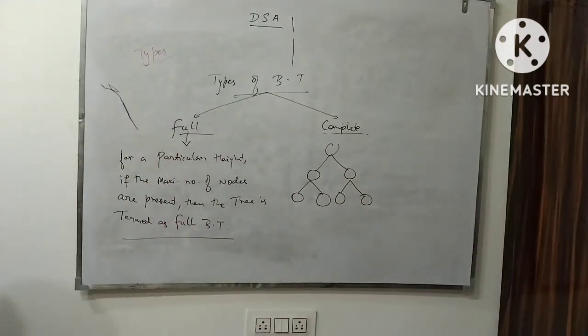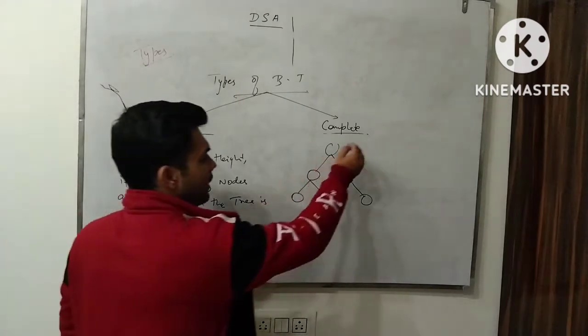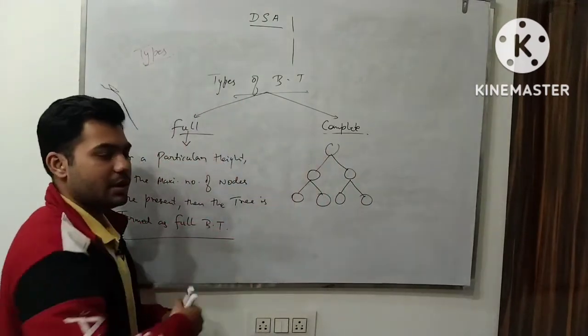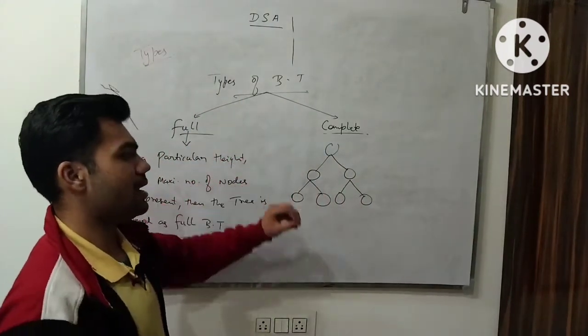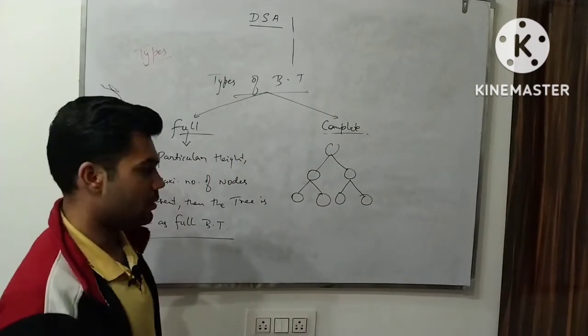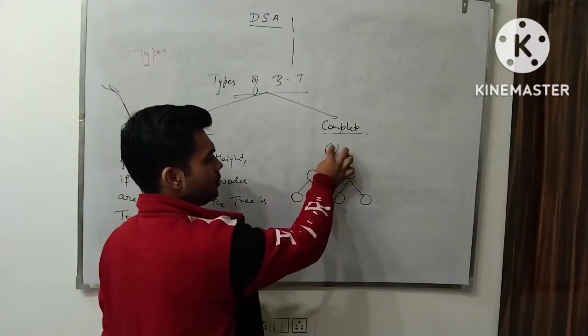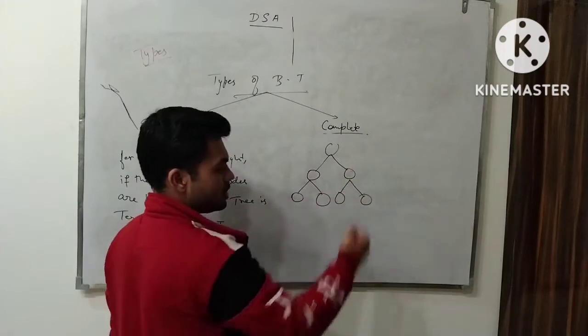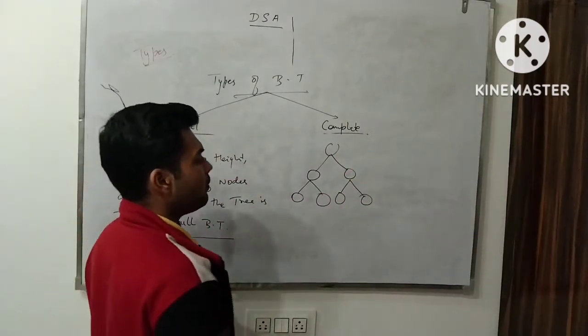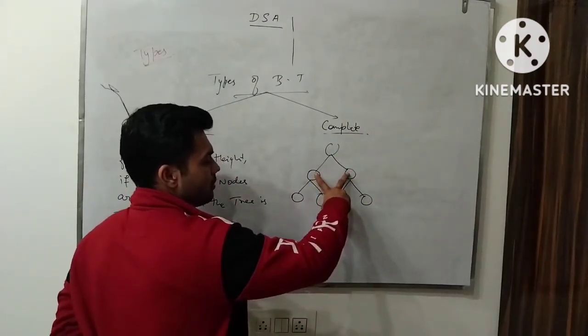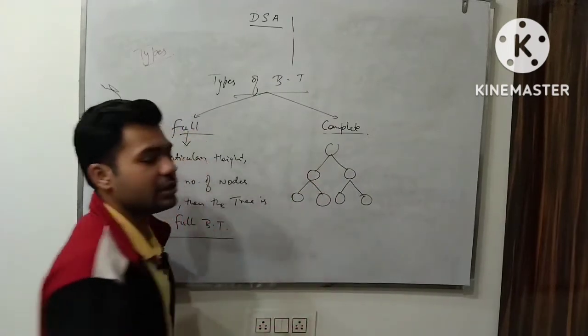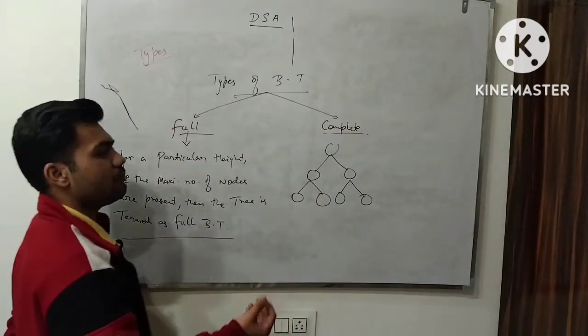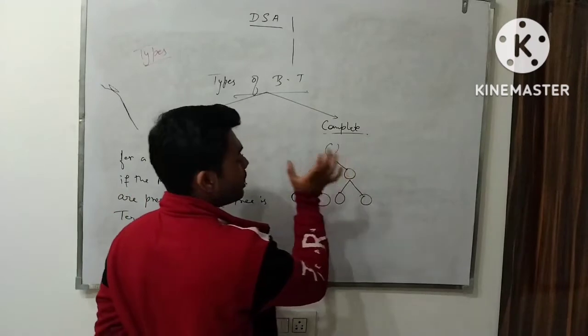So here is the example of a full binary tree, where at every level of the height the maximum number of nodes are present. At the first level, the number of nodes present is 2. In a binary tree, the maximum number of nodes at a level can be 2 only.